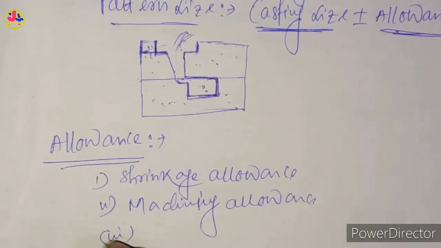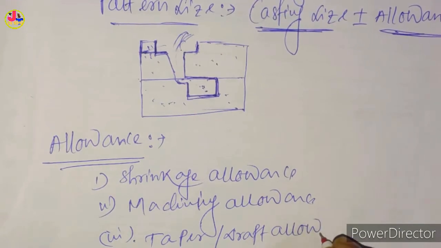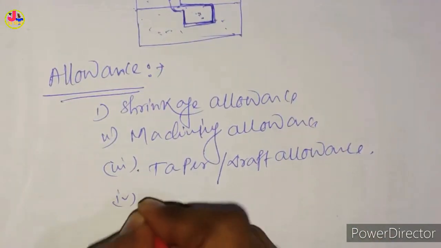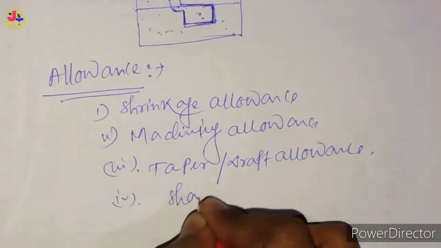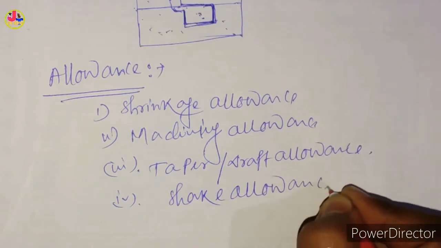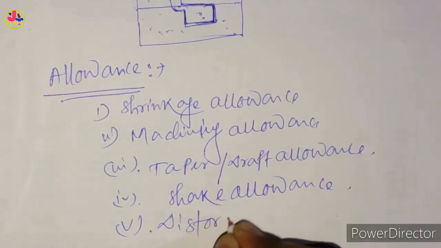Third is taper or draft allowance. Fourth is shake allowance. Fifth is distortion allowance.